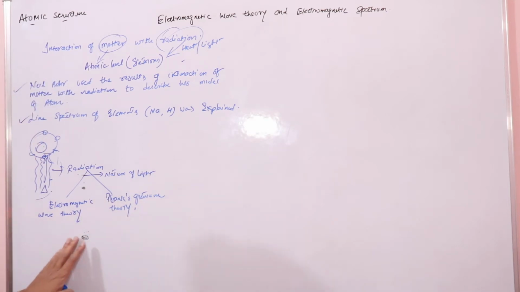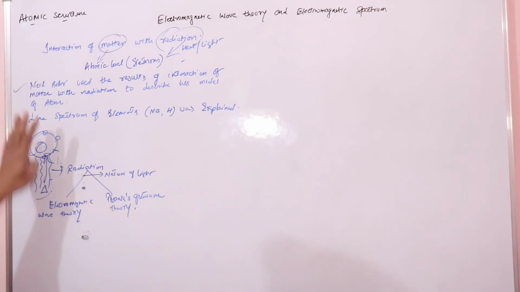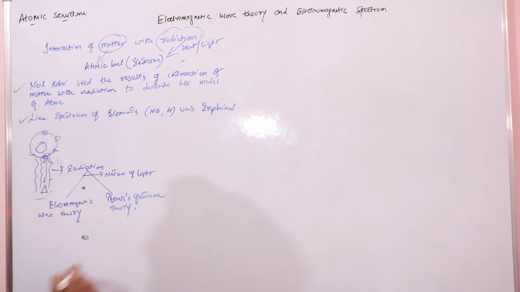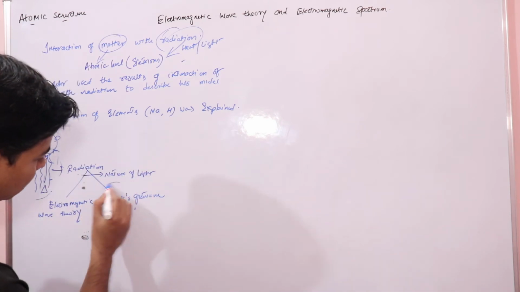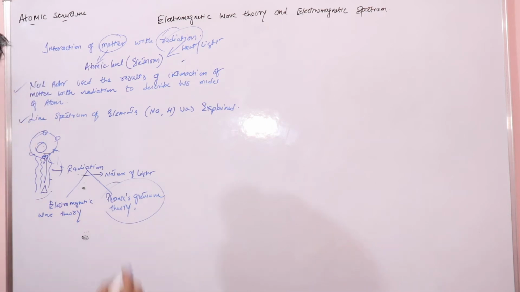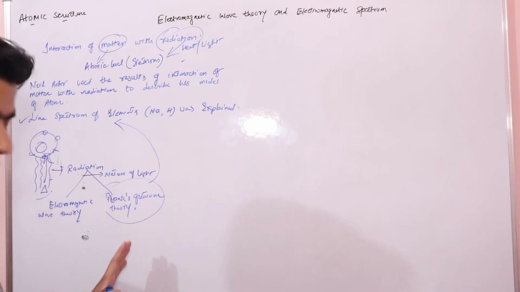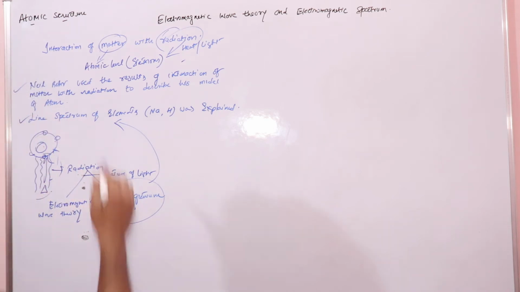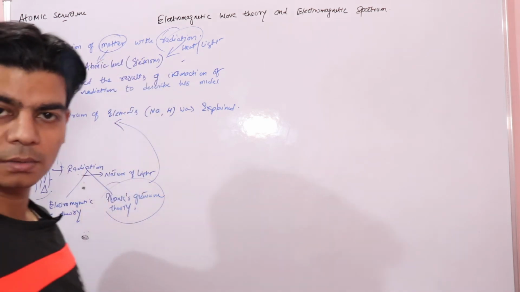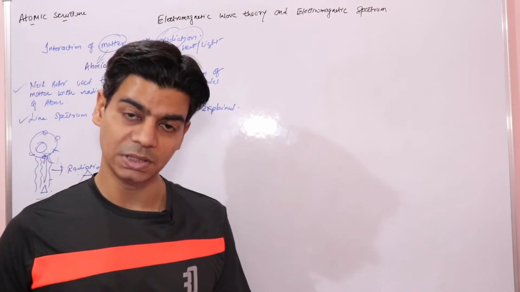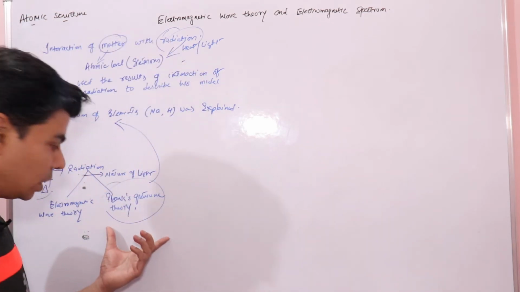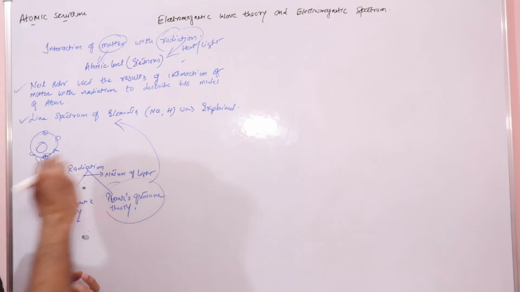Right. Once we understand these two things, this would be clear to us. Because this theory only will explain the line spectrum of elements. To be specific, Planck's quantum theory will explain the line spectrum of elements, and this Planck's quantum theory will explain the Niels Bohr model of atom, because Niels Bohr used Planck's quantum theory to explain his model of atom.